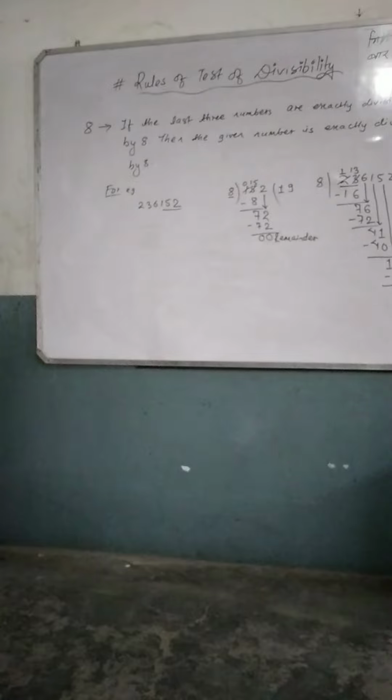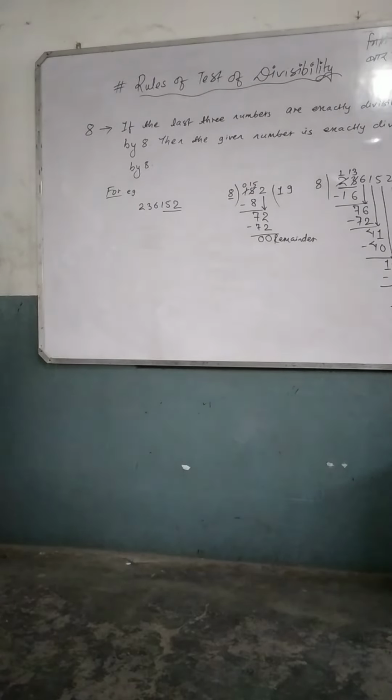That means for 8 you just have to select the last 3 numbers, and for those numbers you have to find out whether they are exactly divisible by 8 or not. The process is division only.